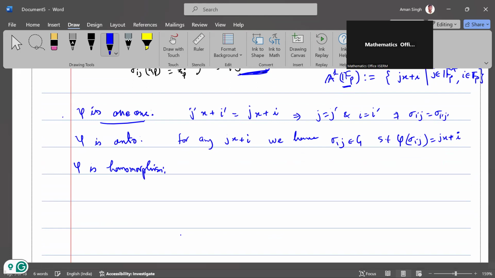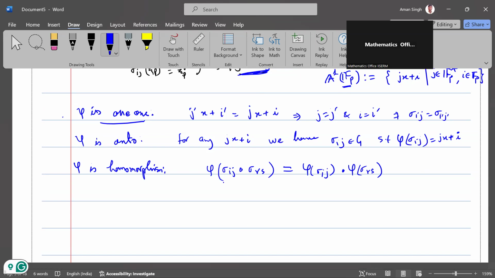For that, we have to see whether phi of sigma_ij composite sigma_rs is equal to phi of sigma_ij composite phi of sigma_rs. Let's see from which side we should start.